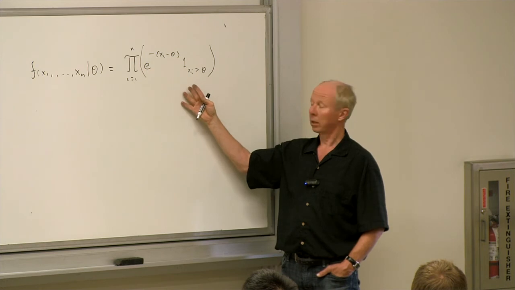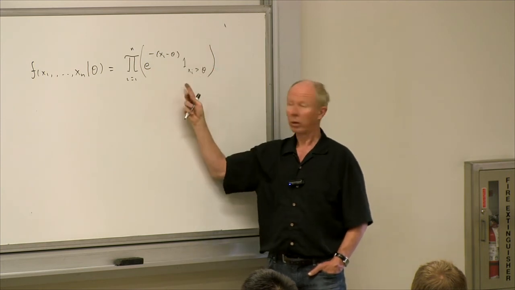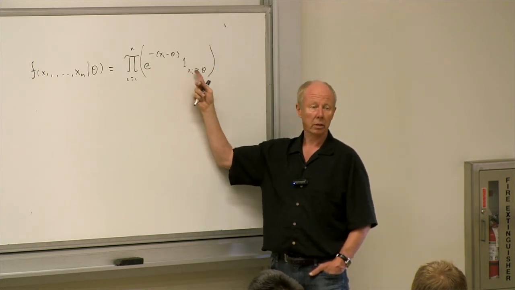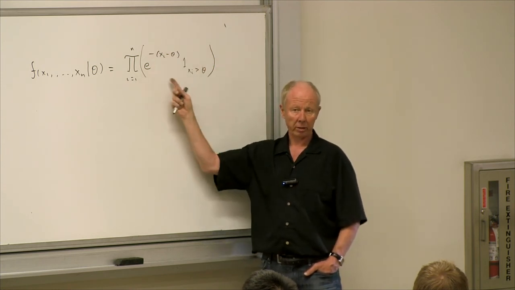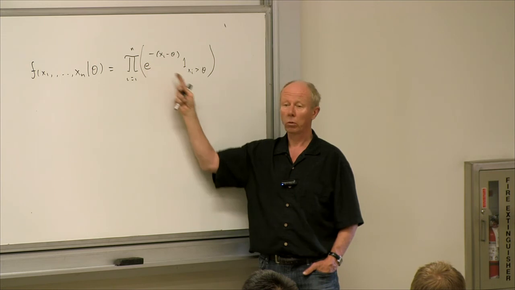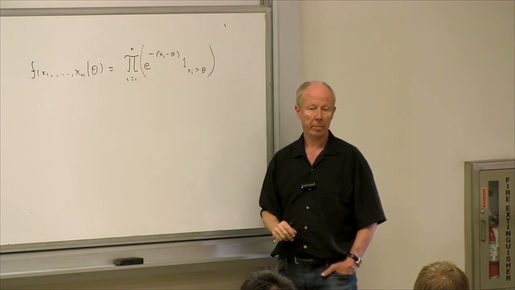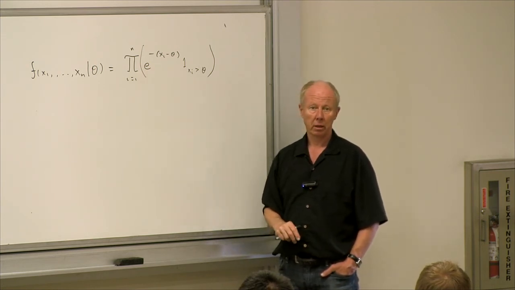So what is the value of this? Well, this thing is either 1 or 0. So the ith product term is either this or 0.